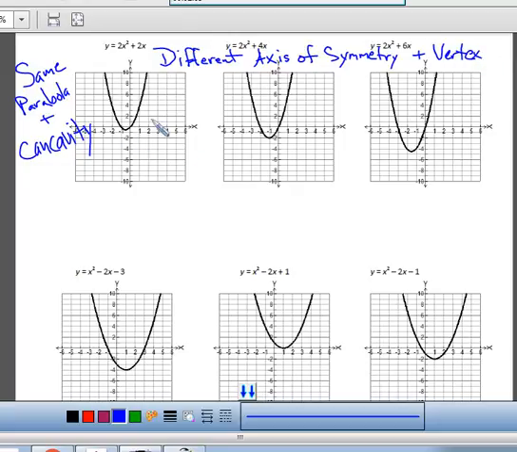So, in class, we'll discuss how you can use your graphing calculator to find these turning points and to find the axis of symmetry for each of these.